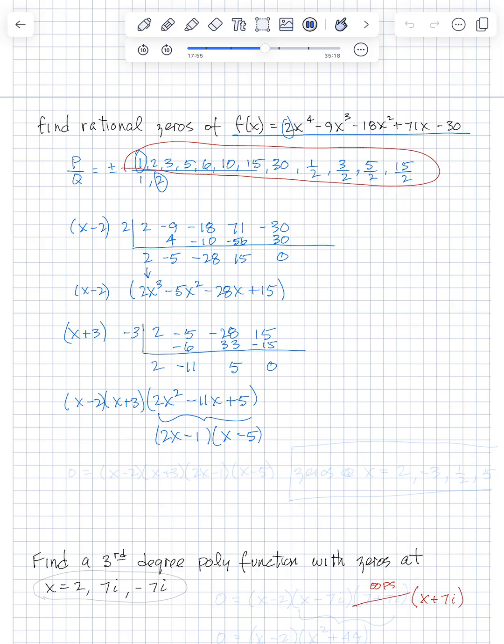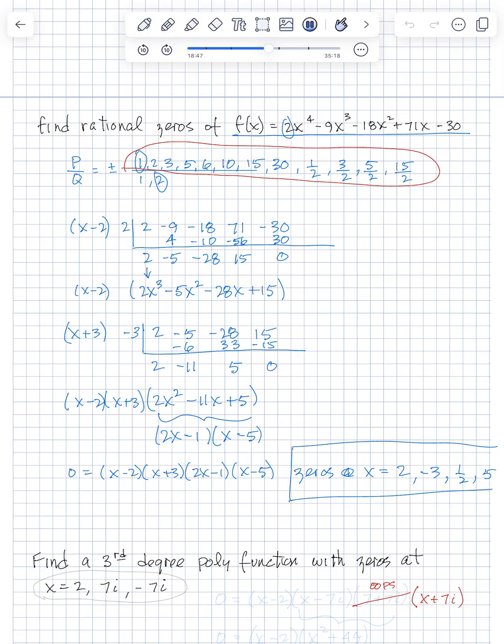So we can say 0 equals, and all of our factors are x minus 2, x plus 3, 2x minus 1, x minus 5. And so the zeros at x equals 2, -3, 1/2, and 5. So this is our answer.